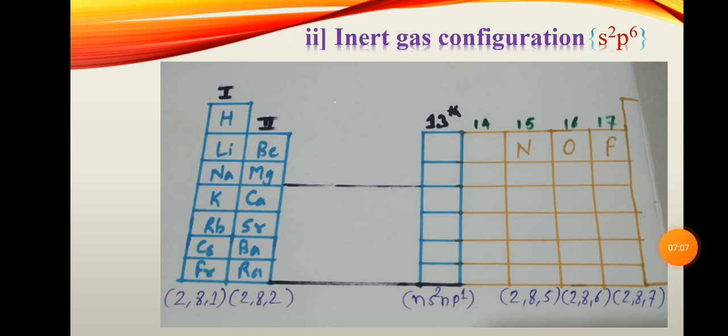So here we understand that each element, for combination, loses or gains electrons and attains a noble gas configuration for its stability.